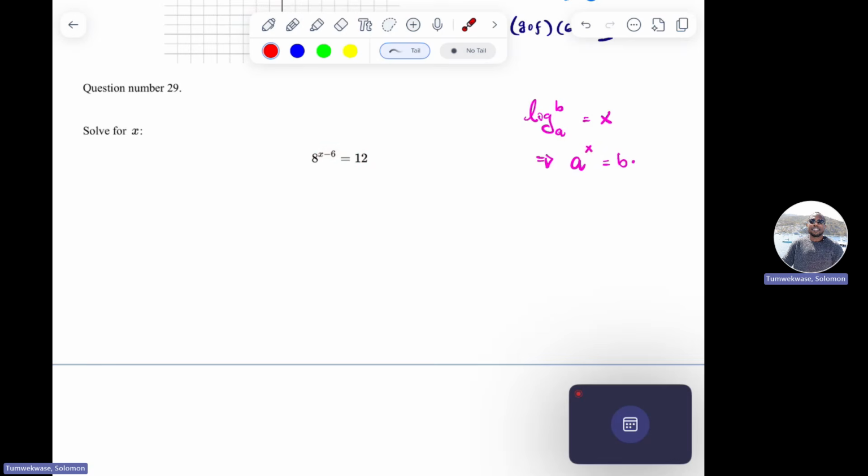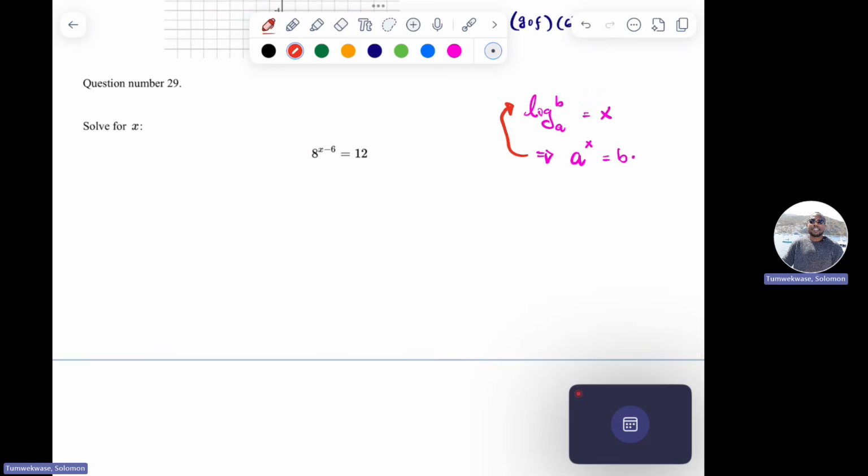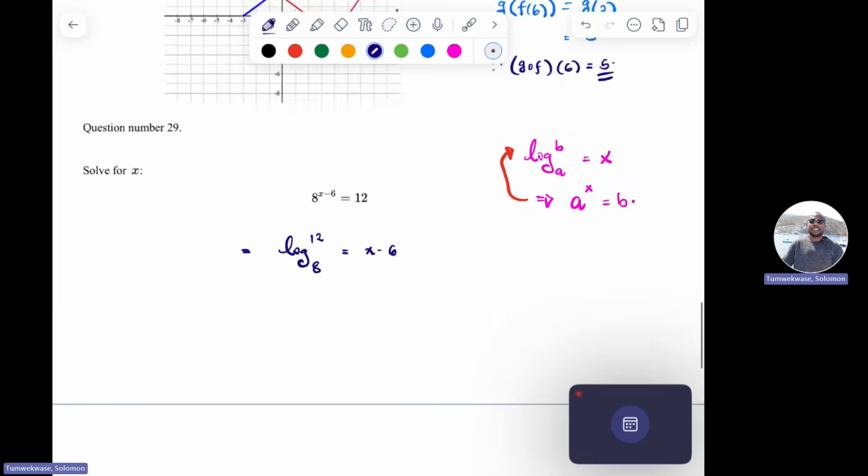So I want to write it back in this form here, okay? So you can see that I'll have logarithm of A, which is 8, to the power B, which is 12, and this is the same as x minus 6.